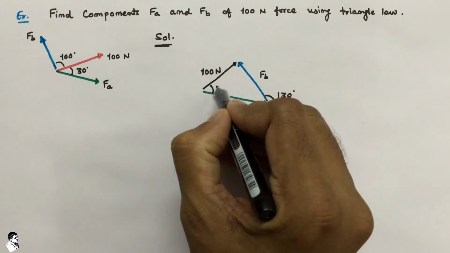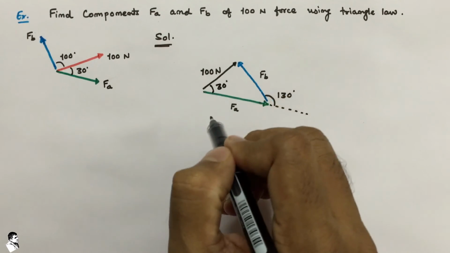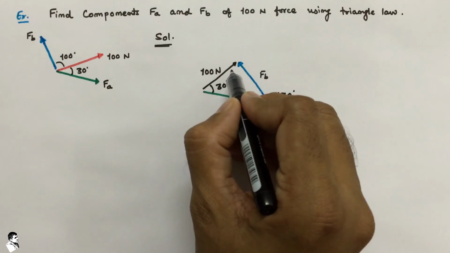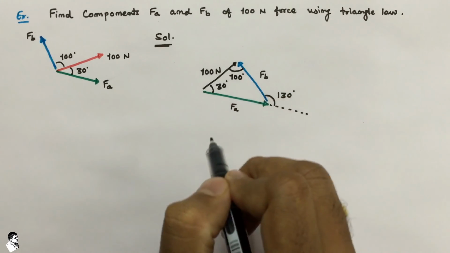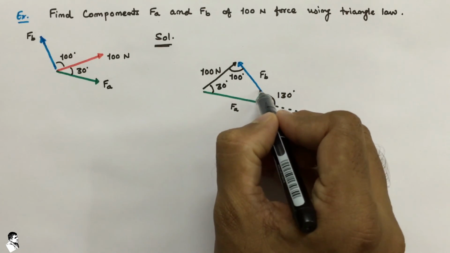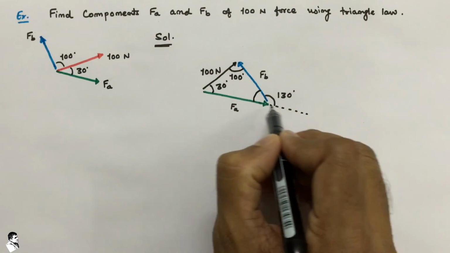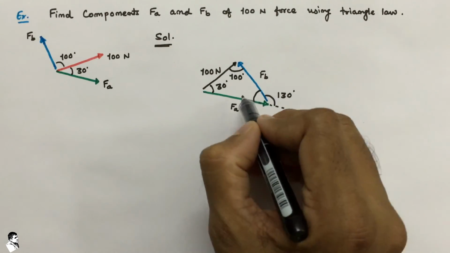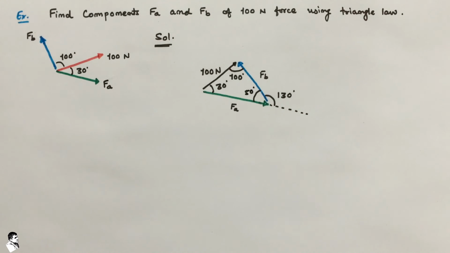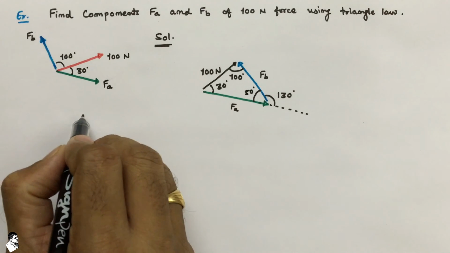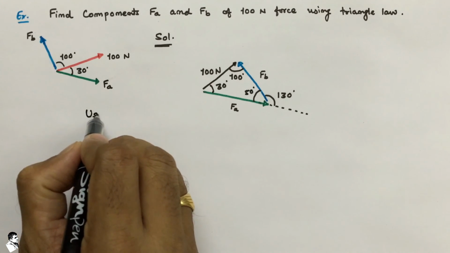And considering the given angles here, 100 Newton and FA make a 30-degree angle, and FB and 100 Newton make a 100-degree angle. Now if this is 180 degree completed, the remaining angle would be 50 degree.